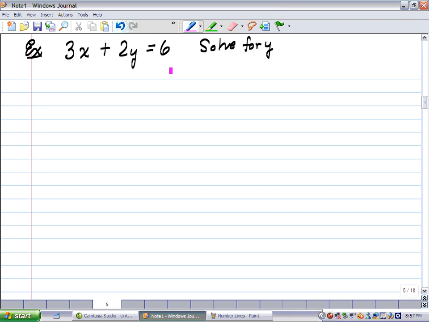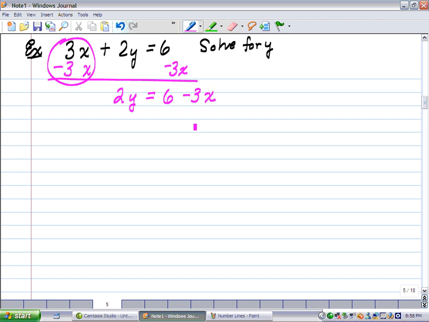Okay, so we're going to solve for y. So we want to get the y term alone. So we need to get rid of the 3x term. So I'm going to subtract it from both sides. Remember, when I refer to both sides, I'm always referring to the equal sign. So we want to keep this equal sign lined up. 3x minus 3x is nothing. So 2y equals 6 minus 3x.